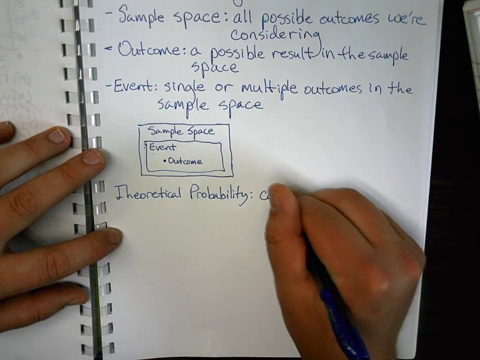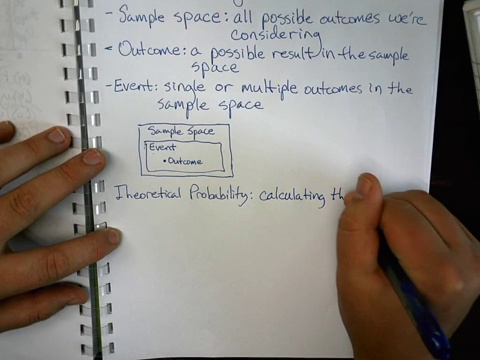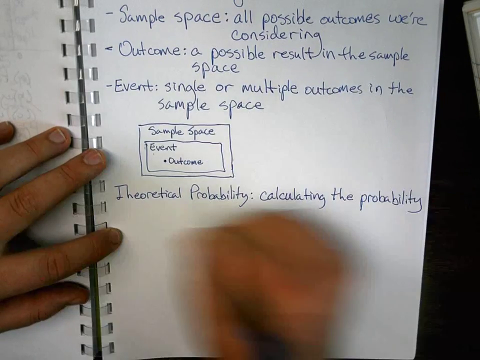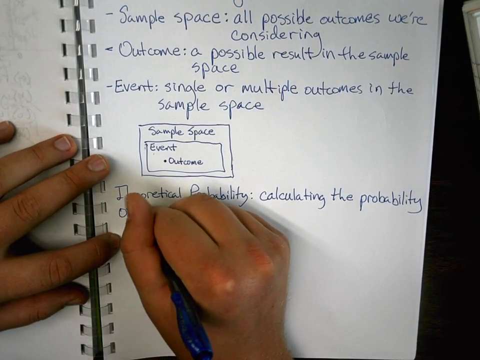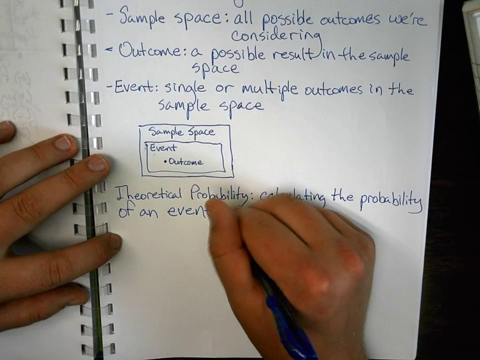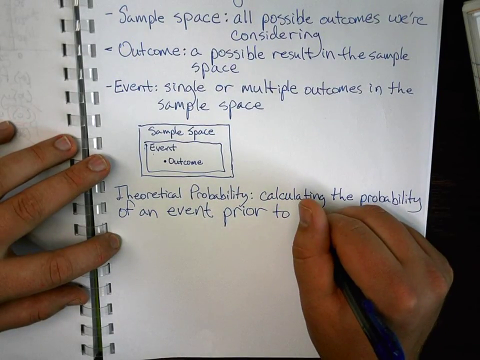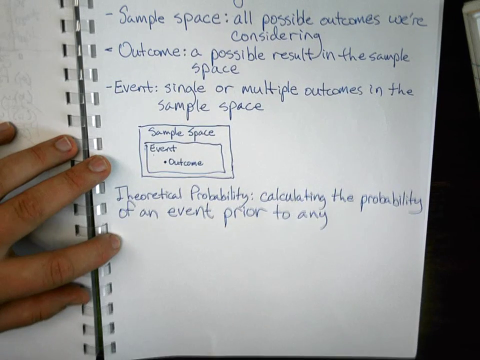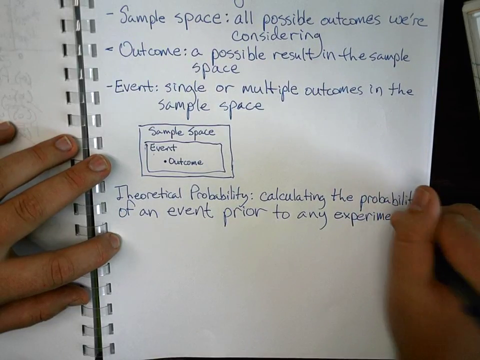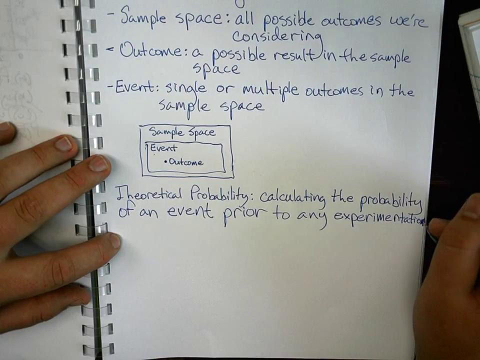And that just means calculating the probability of an event prior to, or before, any experimentation.